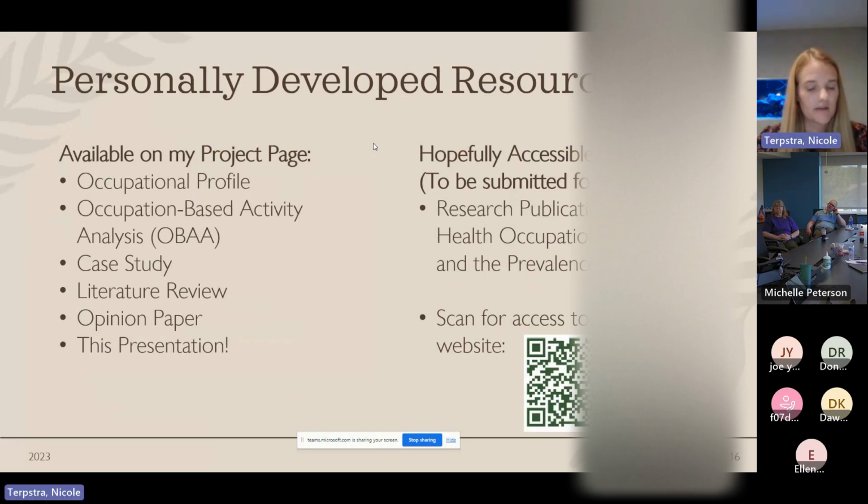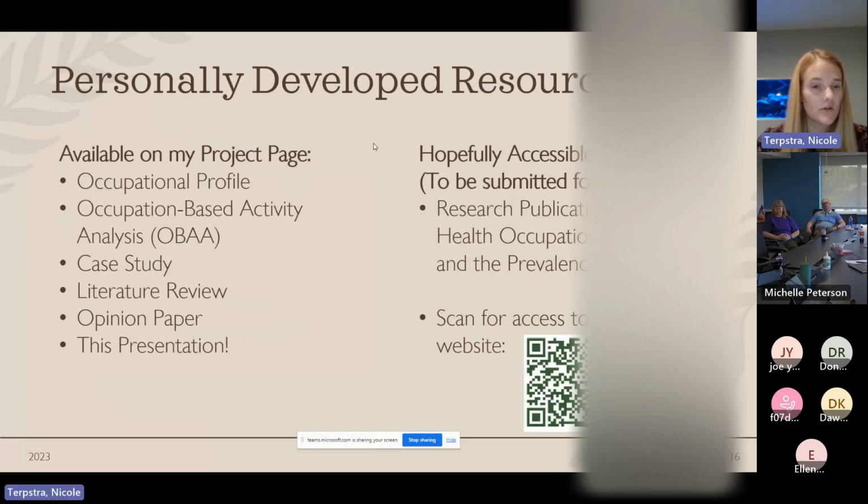So the first one is an occupational profile. This document is typically used during an evaluation of a new client, and it addresses why the client is seeking services, successful and challenging occupations, their interests, values, goals, as well as supports and barriers the client has.